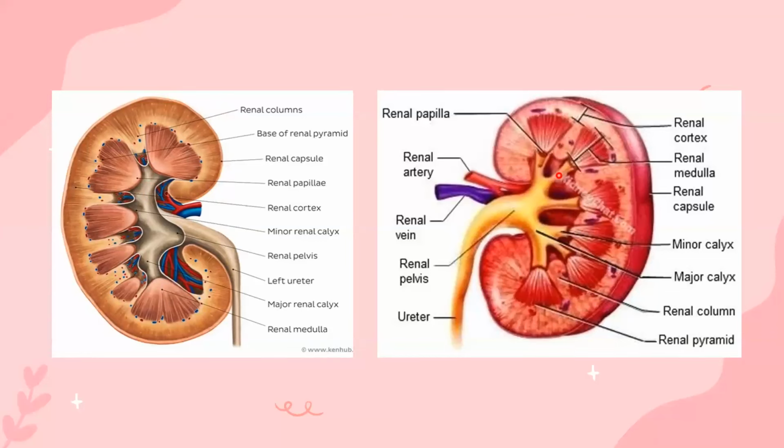So this would be those three minor calyces draining into one major calyx. And then we have those three minor calyces again draining into one major calyx. Major calyces are going to bind together or fuse to give me the renal pelvis or the eventual ureter.